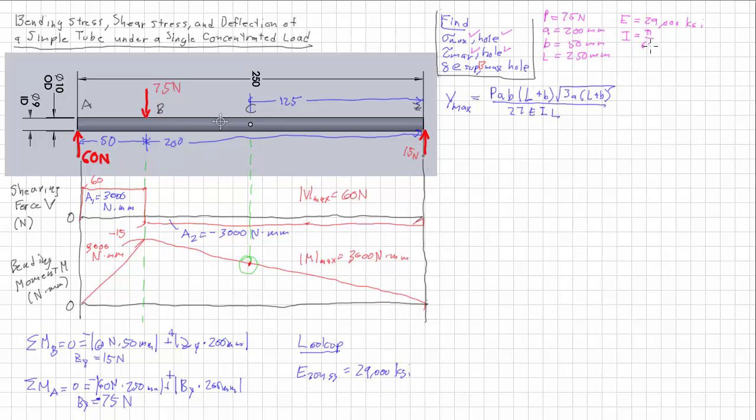Pi over 64 times d to the fourth minus little d to the fourth, and that ends up with 168.8 millimeters to the fourth. Okay, I think we've got all the factors. P, A, B, L plus B, 3ALB, 27EIL. Okay, so we've got all those factors here, and just need to plug them in.